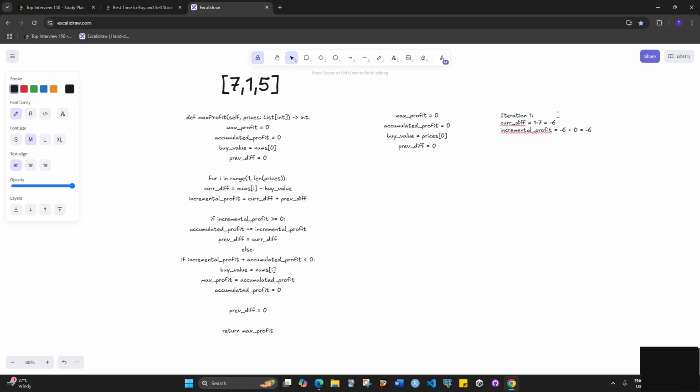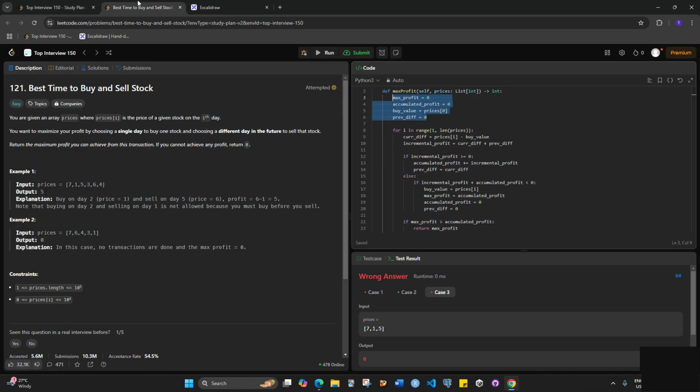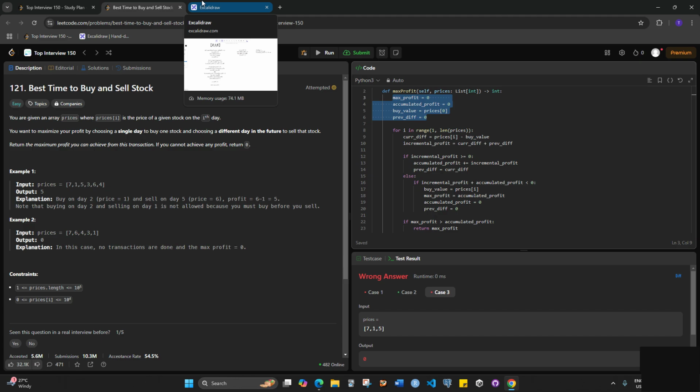So if incremental profit is less than 0, which it is, it should enter the second condition. If incremental profit plus accumulated profit is less than 0, we set buy value equal to price is 1 now. And we set max profit equals to accumulated, which are all 0, and then previous diff is equal to 0, and then we continue on.